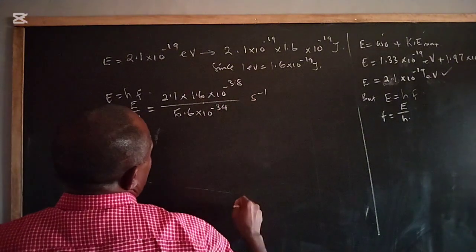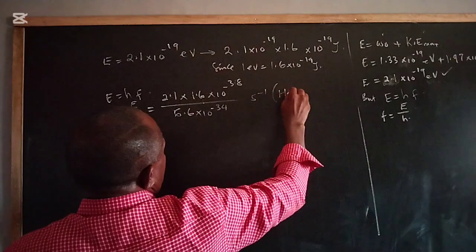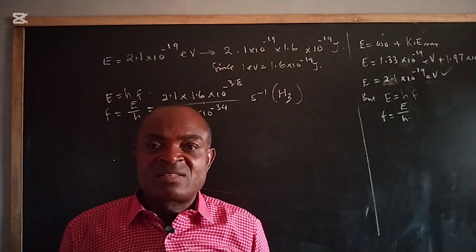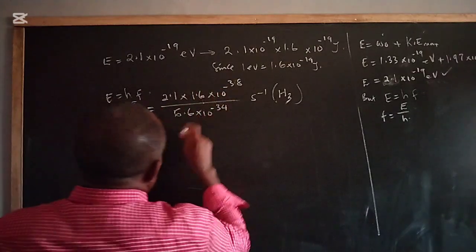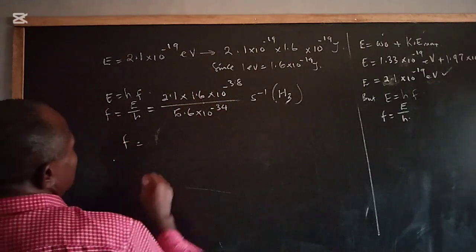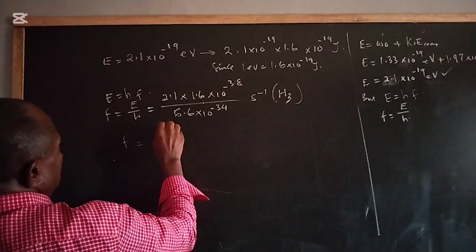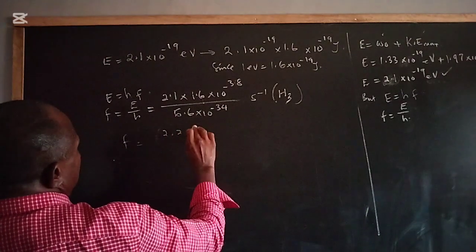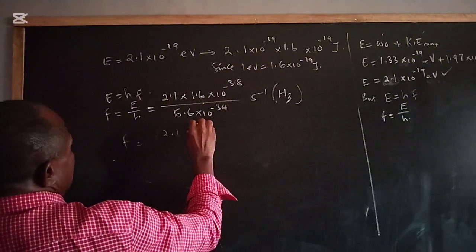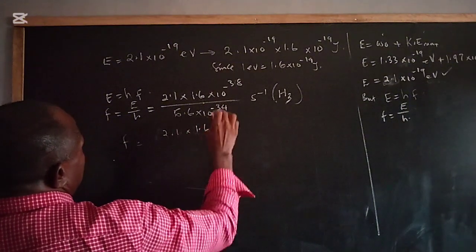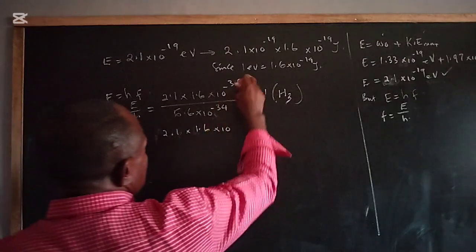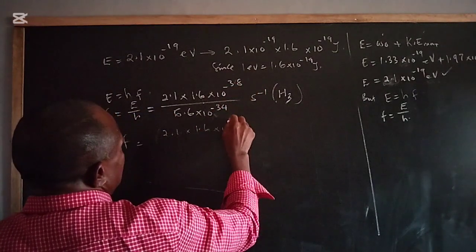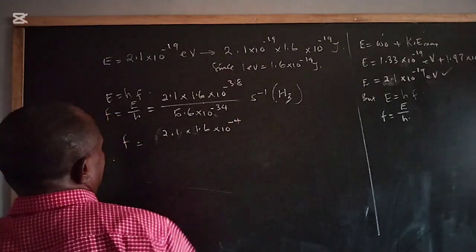This value is per second, which is the same thing as hertz. So if we evaluate this, 2.1 times 1.6 times 10 raised to the power. Use standard form, take this one up, and you are left with minus 4.